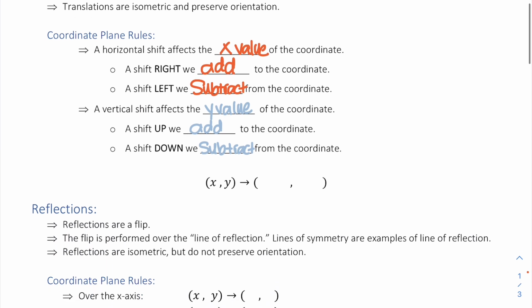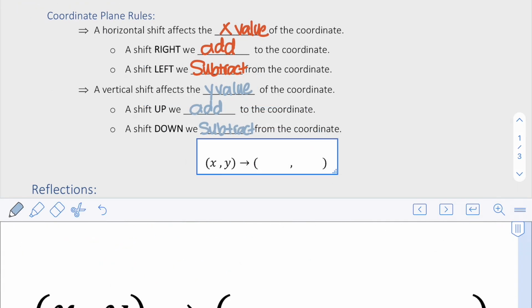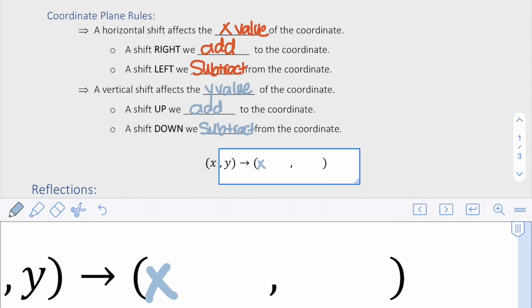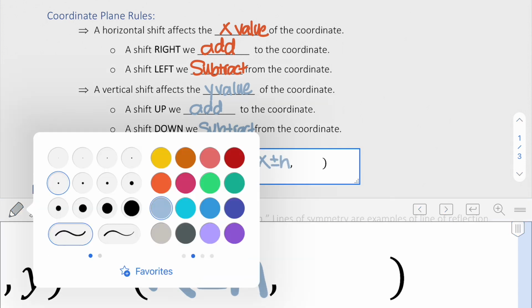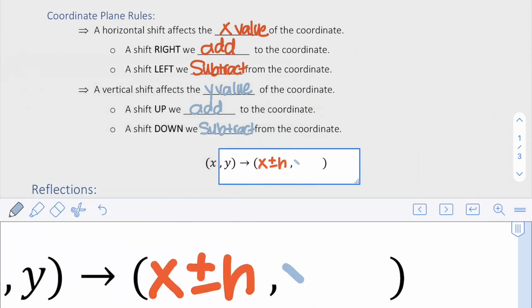All right. So x comma y, the way we want to represent this is we can write x plus or minus h to represent horizontal, y plus or minus v.